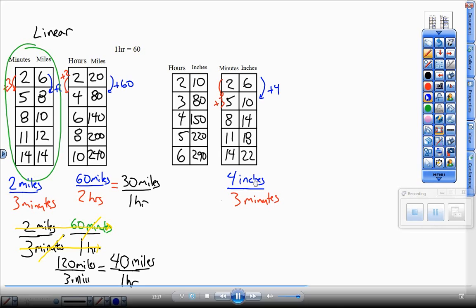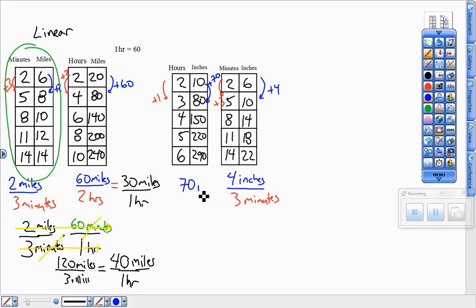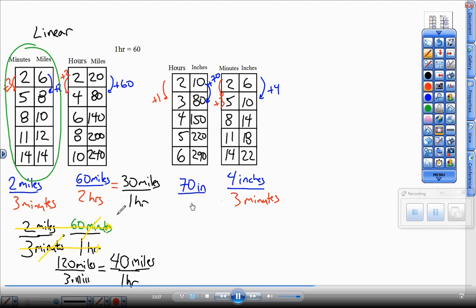And I'm going to change that from inches to hours. This one, 70 inches for every 1 hour. So if I wrote this as a slope, that would be 70 inches per hour.